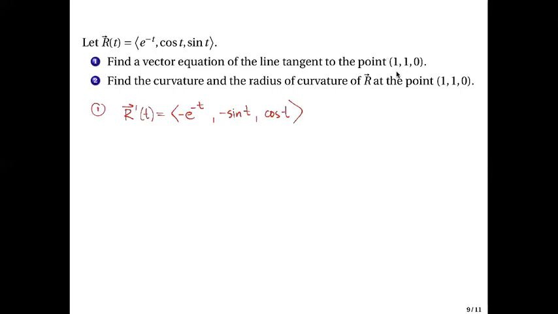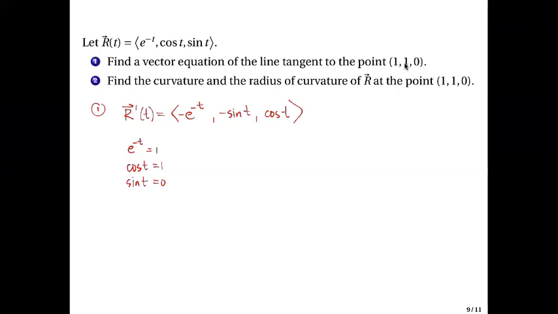Now, we need the point 1, 1, 0. So first, we need to determine whether this point is a tip of the vector r at some value of t. But just observe, if you have here e to the minus t equals 1, the other one here cosine t equals 1, and the other guy here you have sine t equals 0.